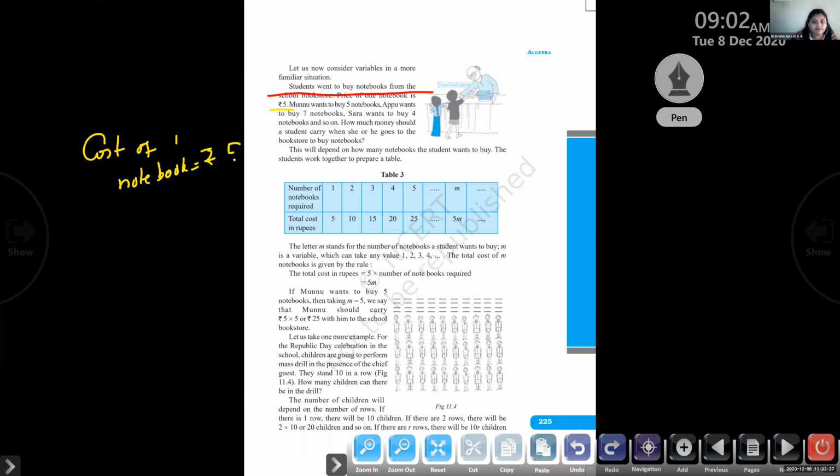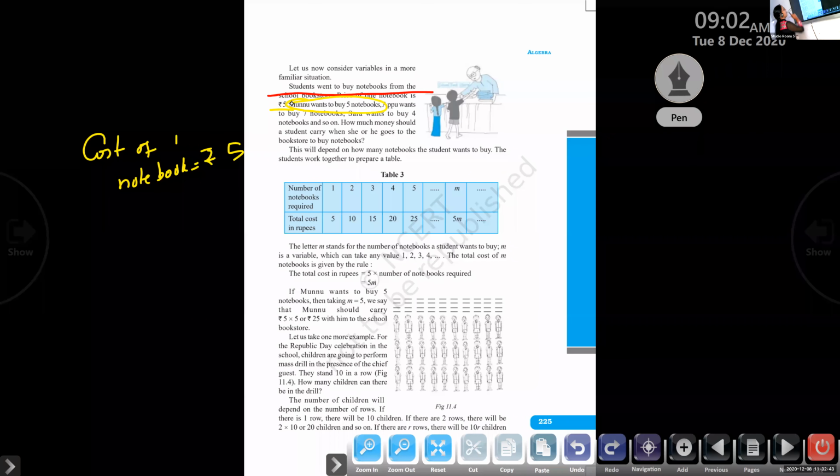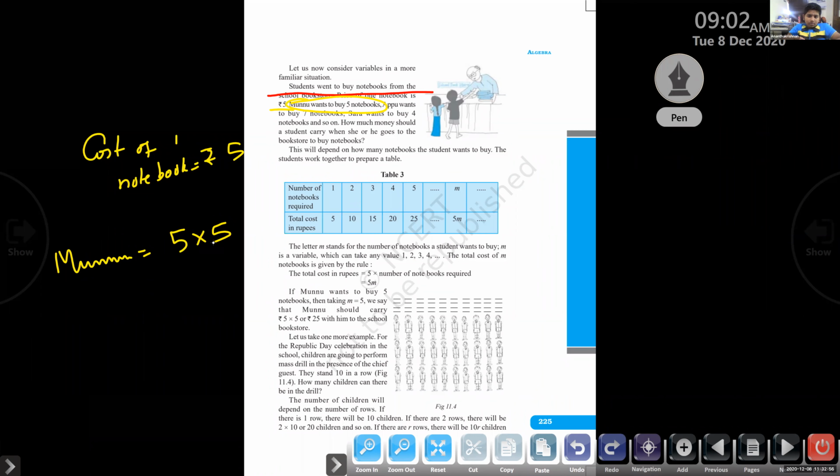Rupees 5. One girl, Munnu, wants to buy 5 notebooks. So how much amount does she have to give? 5 into 5 equals rupees 25.